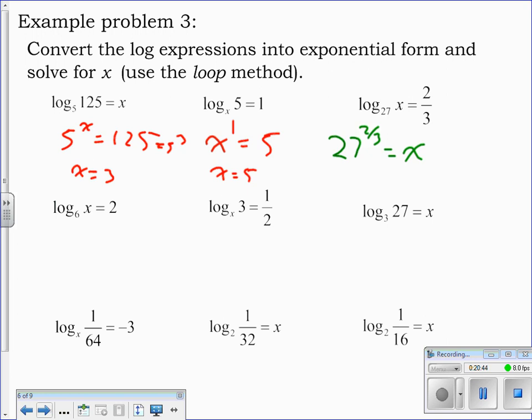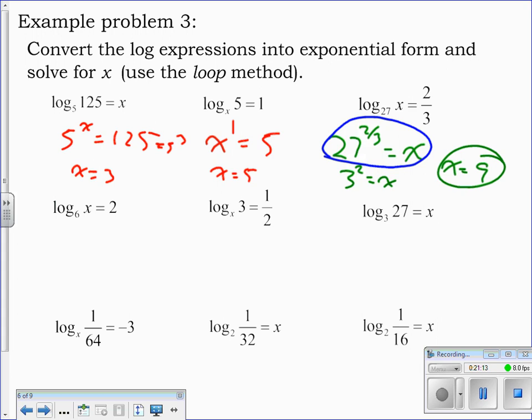Rules of exponents. What does the 3 in the denominator mean? Take the cube root. So the cube root of 27 is 3. So that means 3 squared is equal to x. So x is equal to 9. We did this. This was last chapter.